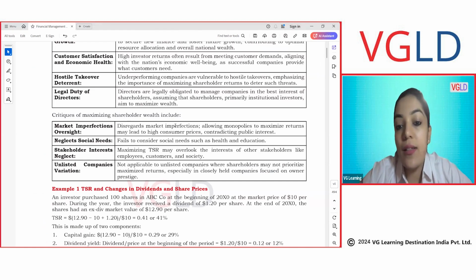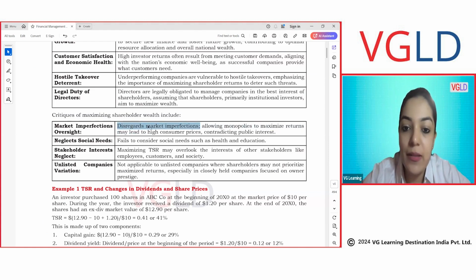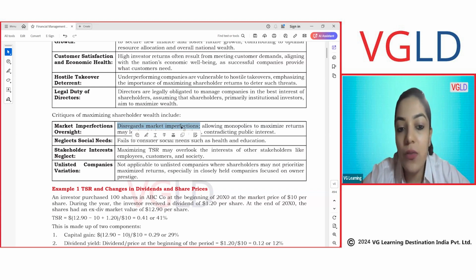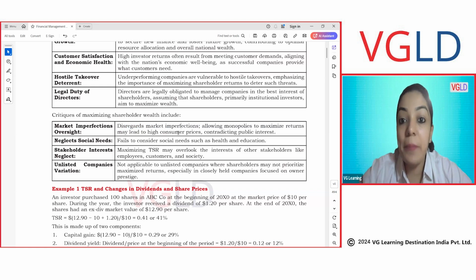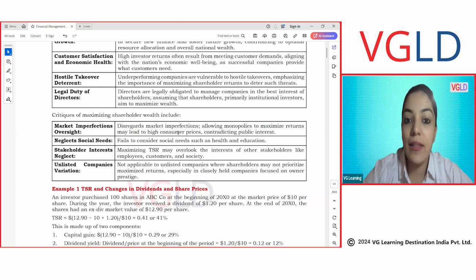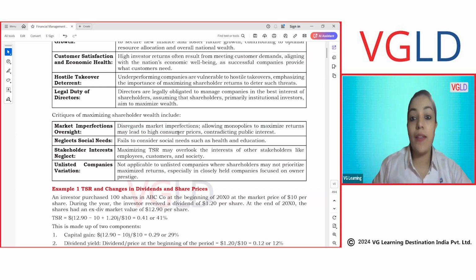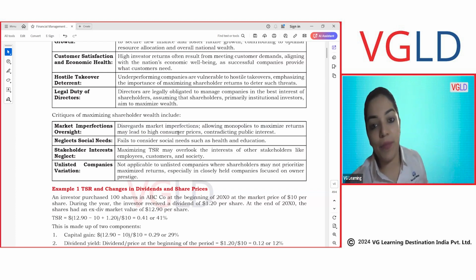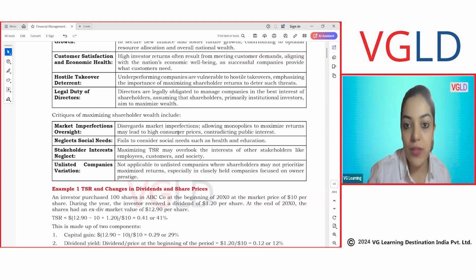So, disregards market imperfections. This is a topic which will come later about market imperfections. But just to tell you in brief, market imperfections means the market does not follow the theoretical perfections, which are, for example, that the market is having competitive nature.